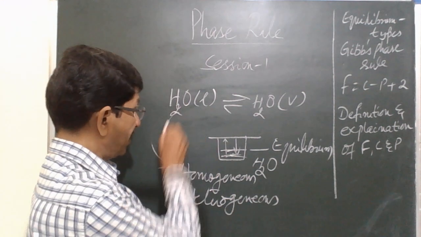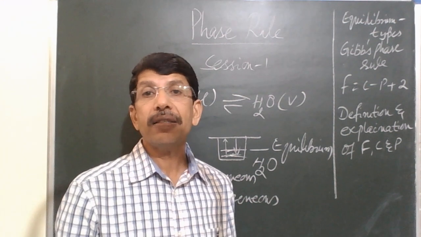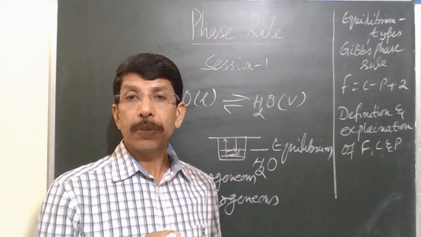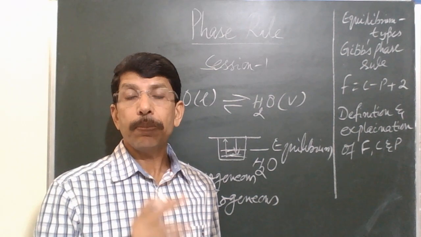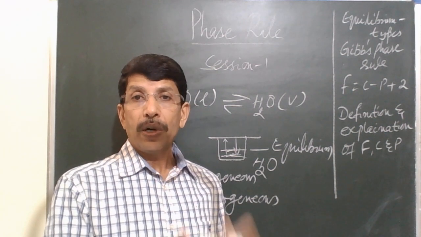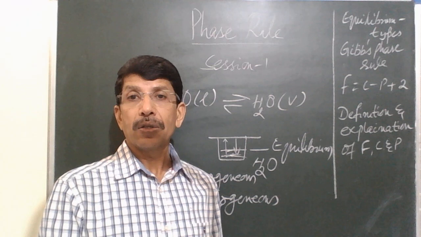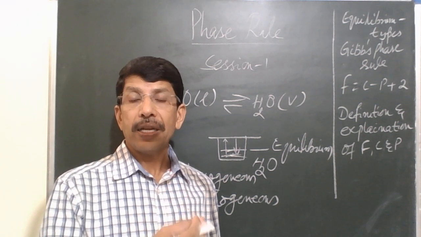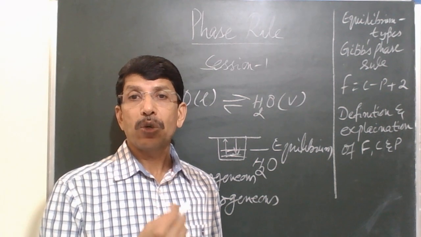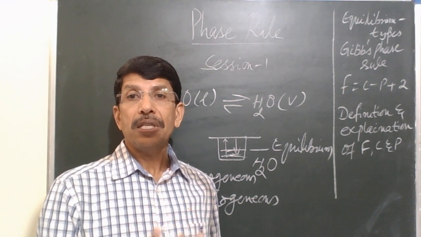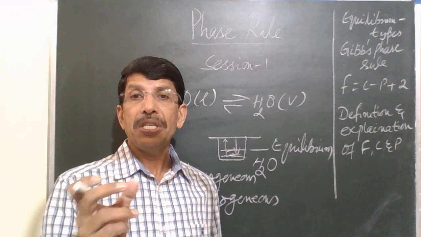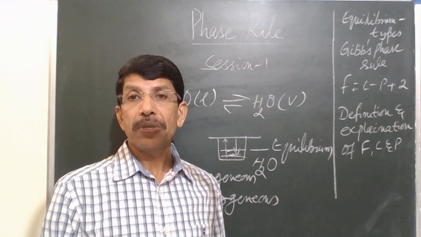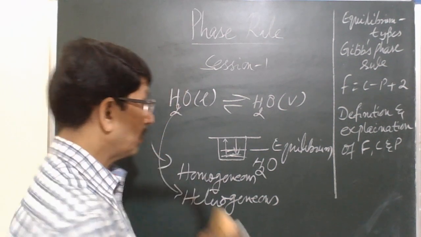Such a type of equilibrium is called heterogeneous equilibrium, and Gibbs phase rule is applicable to it. So what is heterogeneous equilibrium? When two or more different physical states are in equilibrium, or when the physical states of the species present in equilibrium are different, that type of equilibrium is called a heterogeneous equilibrium.